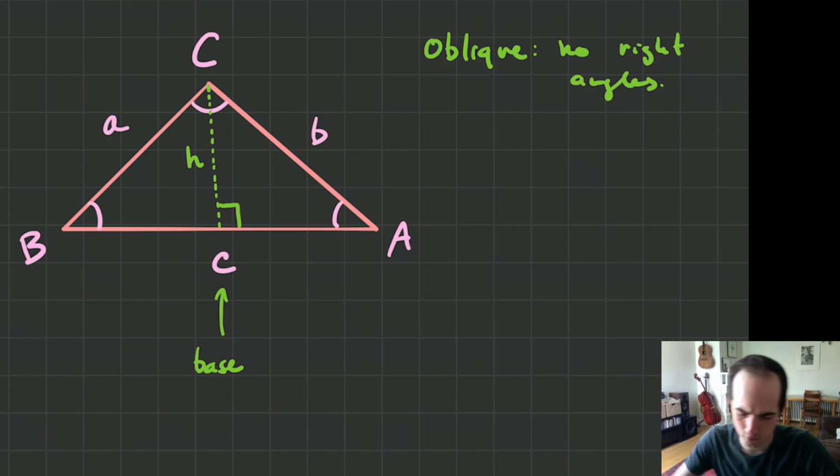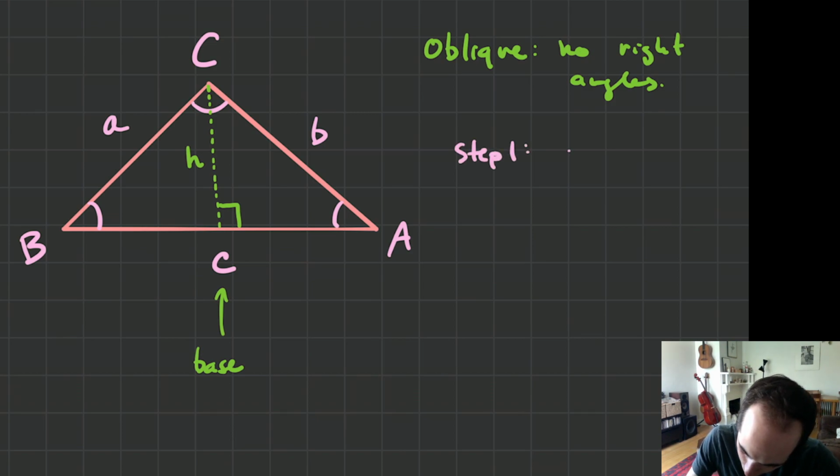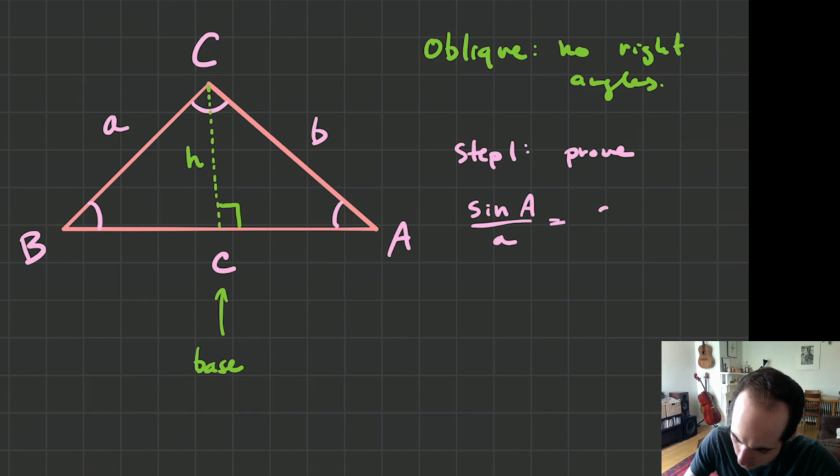So maybe what I'll do is start off by saying, step 1, prove that, let's say, sine of A over A is equal to sine of B over B.